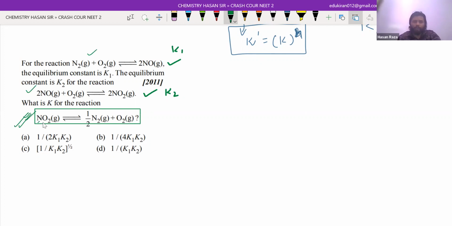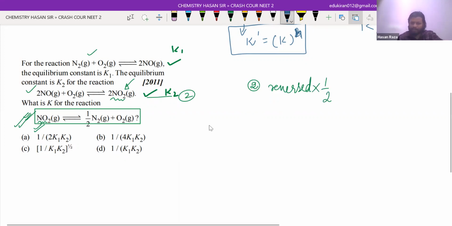You can see NO2 on the left-hand side, and it is on the right-hand side of the second reaction. But here it is 2 moles and it is half mole. That means, first of all, the second equation is reversed, and multiplied by 2.